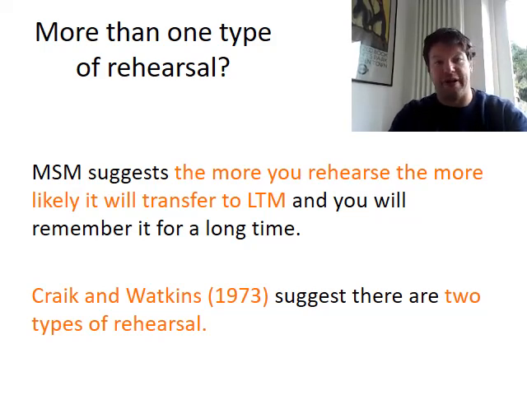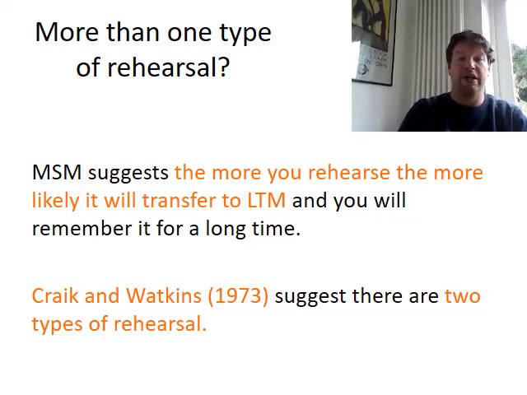I think we mentioned briefly in the lesson that there are different ways in which information can move to the long-term memory. So if you look at your simple multi-store model, it's just got one way, rehearsal or elaborative rehearsal, and it just keeps going around. The MSM suggests the more you rehearse, the more likely you are to transfer it to your long-term memory. So the more times you go around, eventually it will go through. Craik and Watkins 1973 suggests there are two types of rehearsal.